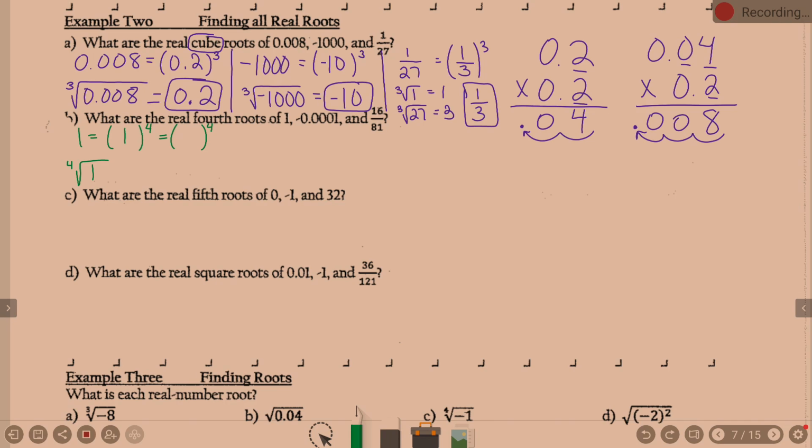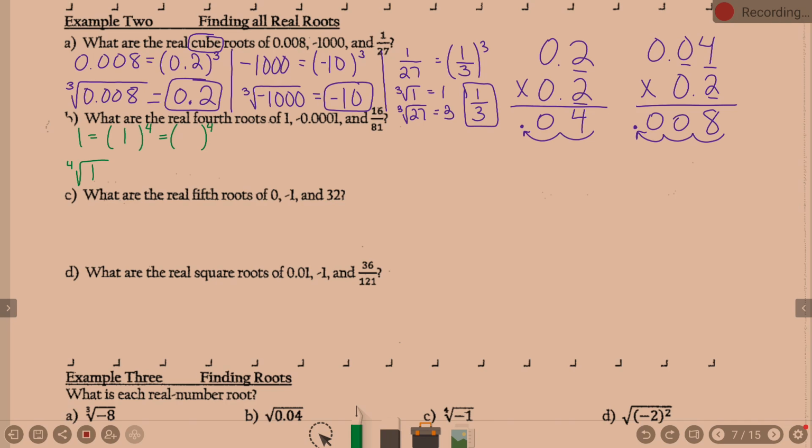Now, the other part we talked about was even roots. And when we did even roots, that specifically for us today applied to square roots and fourth roots. When the original question was positive. So when we had a positive base, what do you notice? How many answers were there? There were 2.